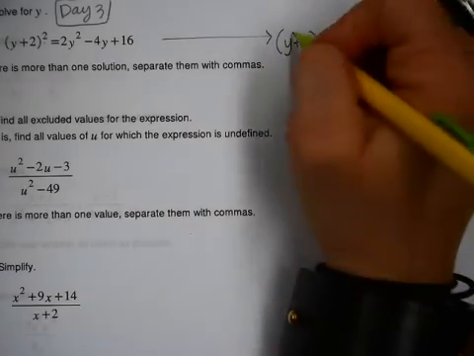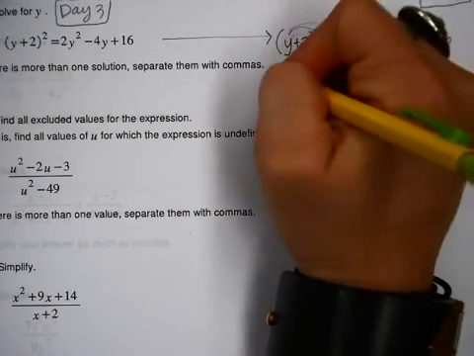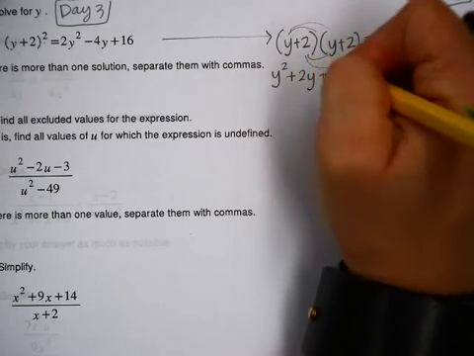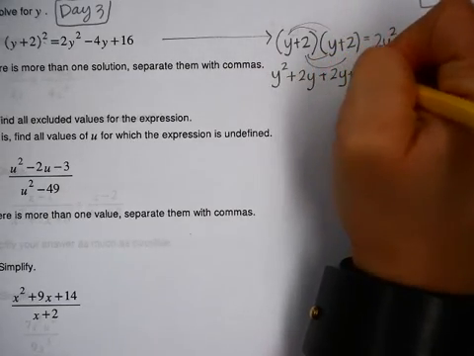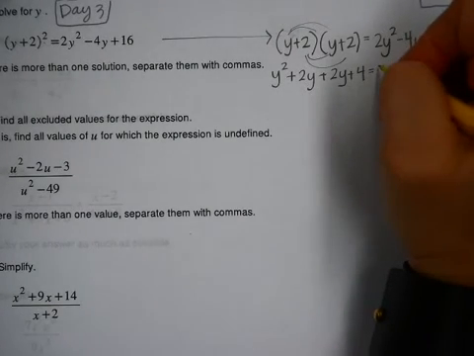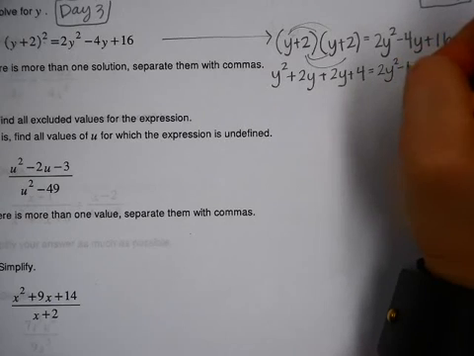Alright, so we're going to FOIL, and that gives us y squared plus 2y plus 2y plus 4. Is everybody with me on that? All I did was FOIL the left. First, outer, inner, last. And then I'm going to bring down everything on the right.